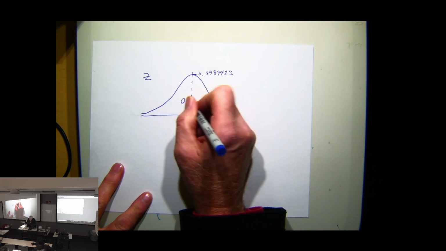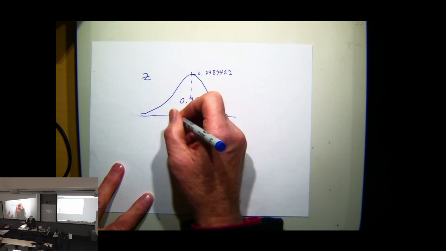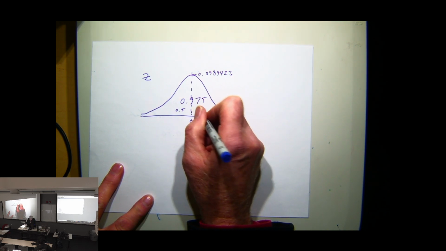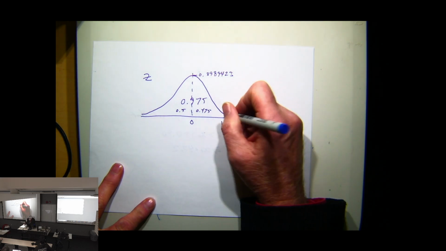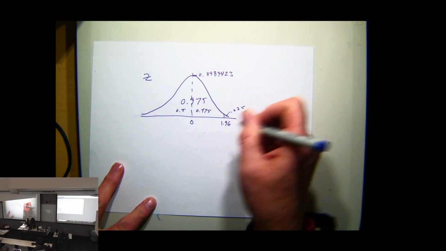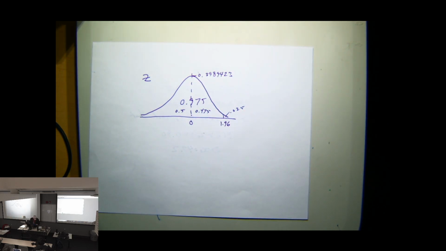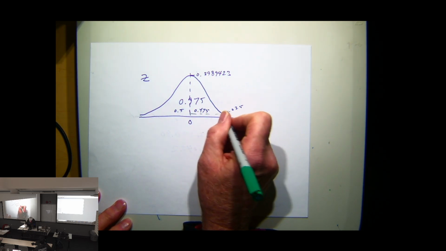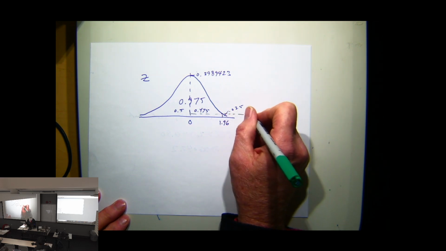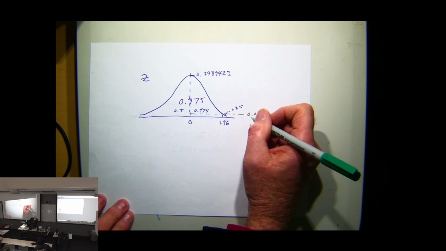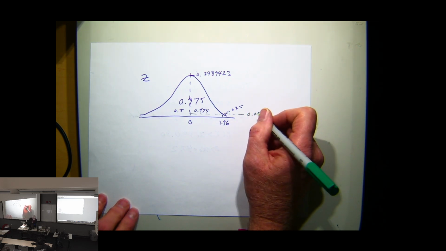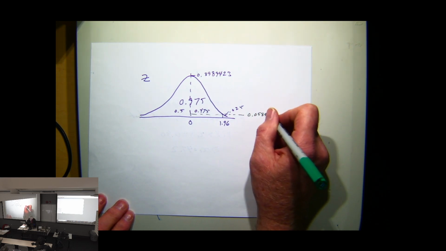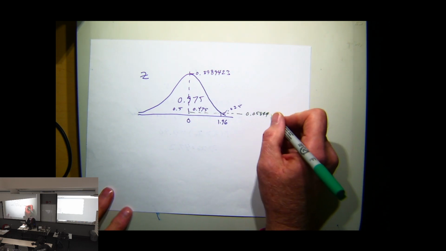This area in here was 0.975, consisting of 0.5 on this side and 0.475 on that side. So we had 0.025 in that tail, but the 0.05844, where was that? That was right here. That was the height of the curve right there. 0.05844094.